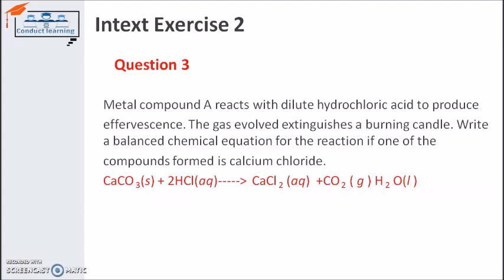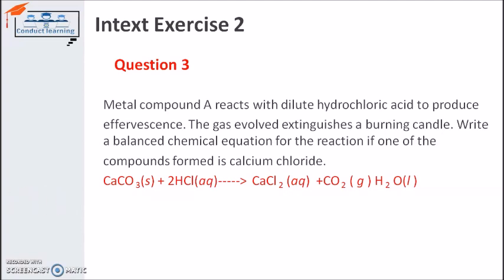The gas which can extinguish a burning candle is only CO2, carbon dioxide, because a candle requires oxygen to burn, but carbon dioxide extinguishes it. So we have to find a metal compound that produces carbon dioxide when it reacts with hydrochloric acid. We have to write down the chemical equation for the same.